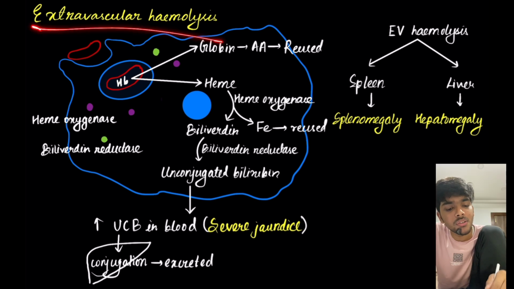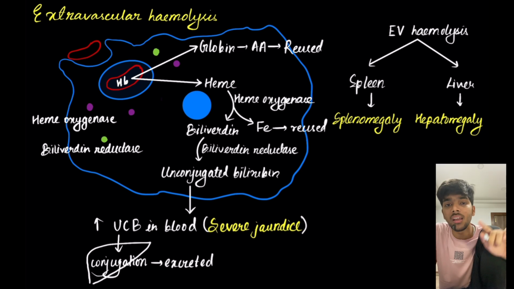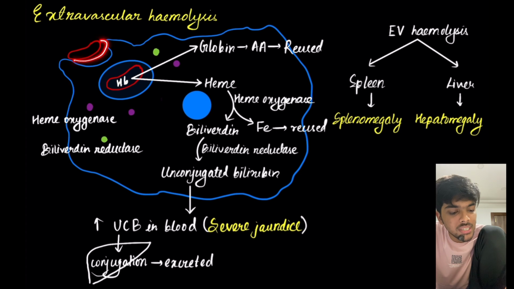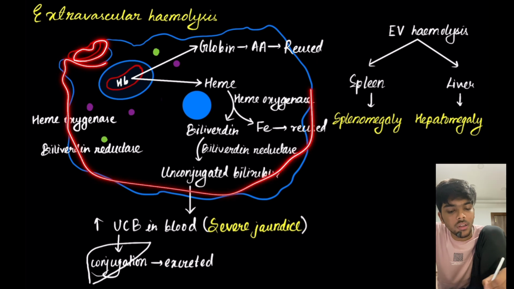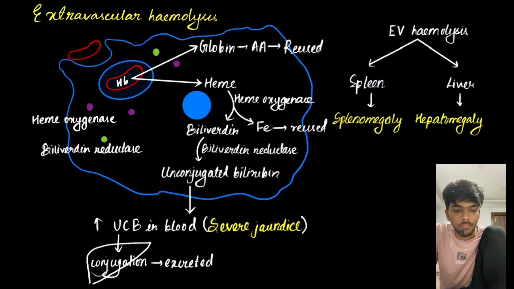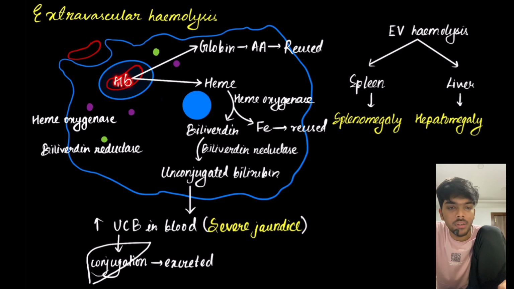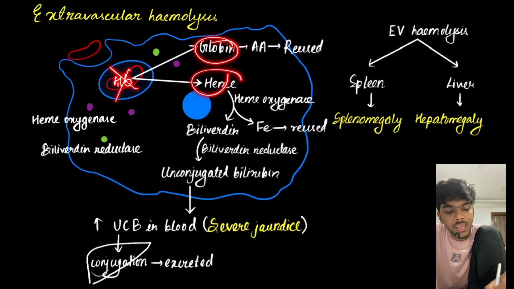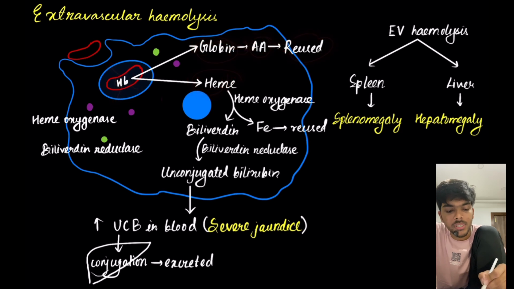But in extravascular hemolysis, that is hemolytic anemia, RBCs get broken down prematurely. What happens? The RBC gets engulfed by the macrophage of the reticuloendothelial system. Inside the macrophage, it has hemoglobin. Hemoglobin gets broken into globin and heme, and globin is broken into amino acids, which are reused for the formation of protein.